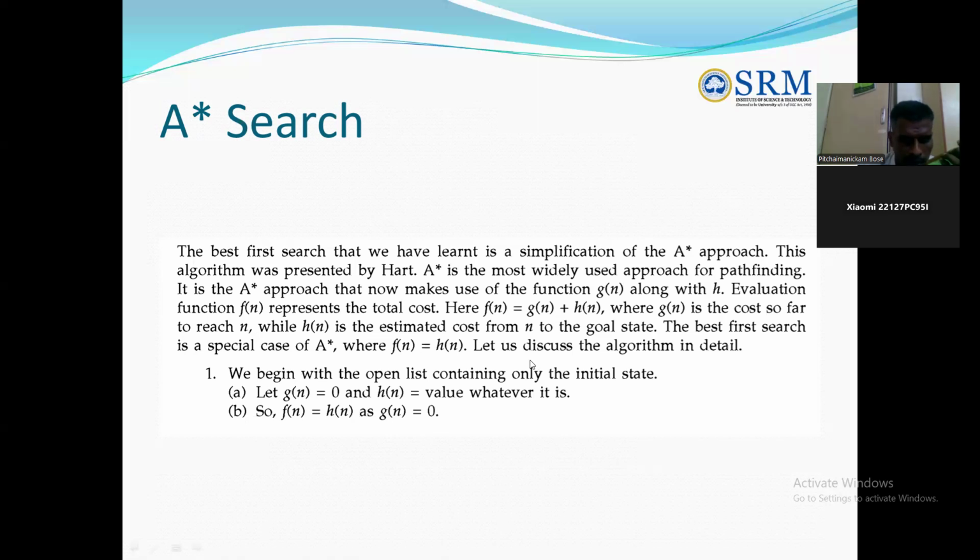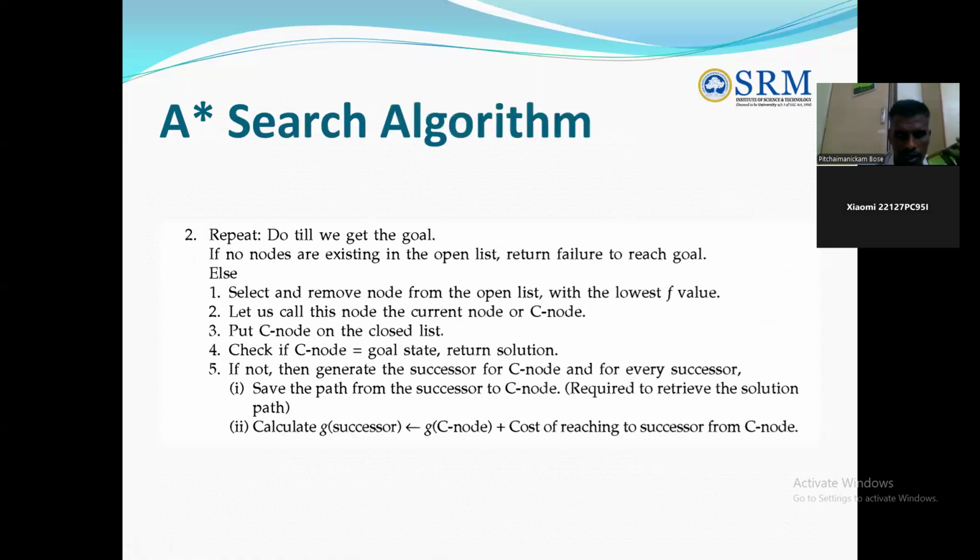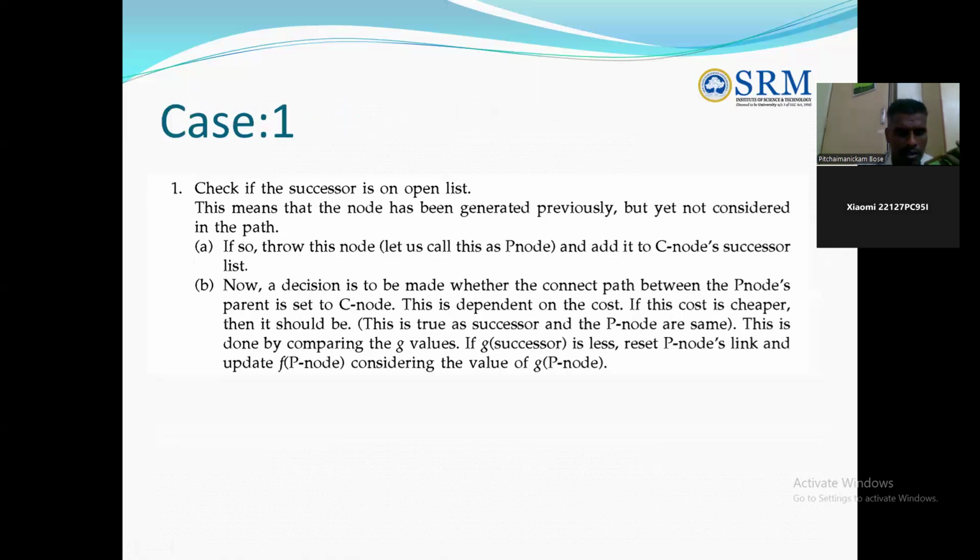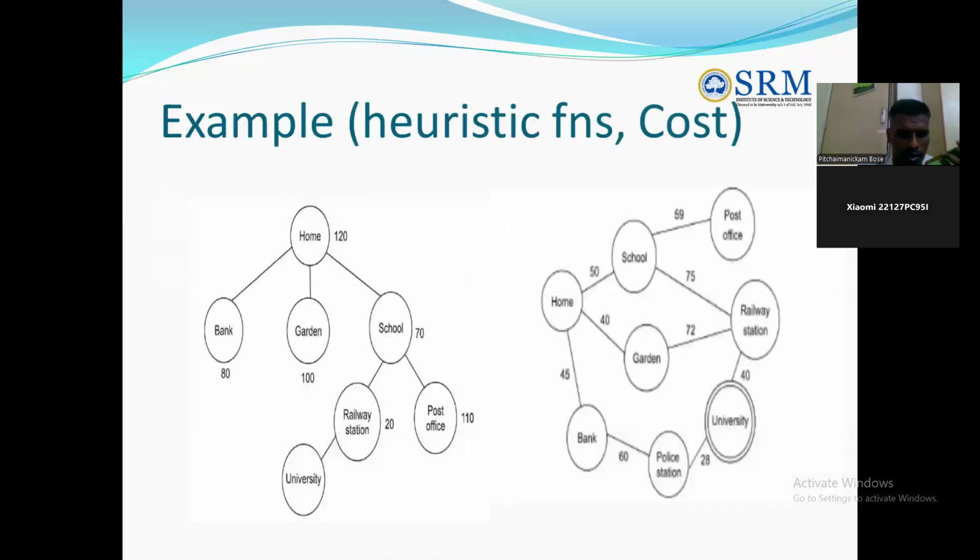The evaluation function is f(n) = g(n) + h(n), where g(n) is the cost so far to reach node n, and h(n) is the estimated cost from node n to the goal state. From this algorithm, you may be able to find out three different cases. You just note it down.